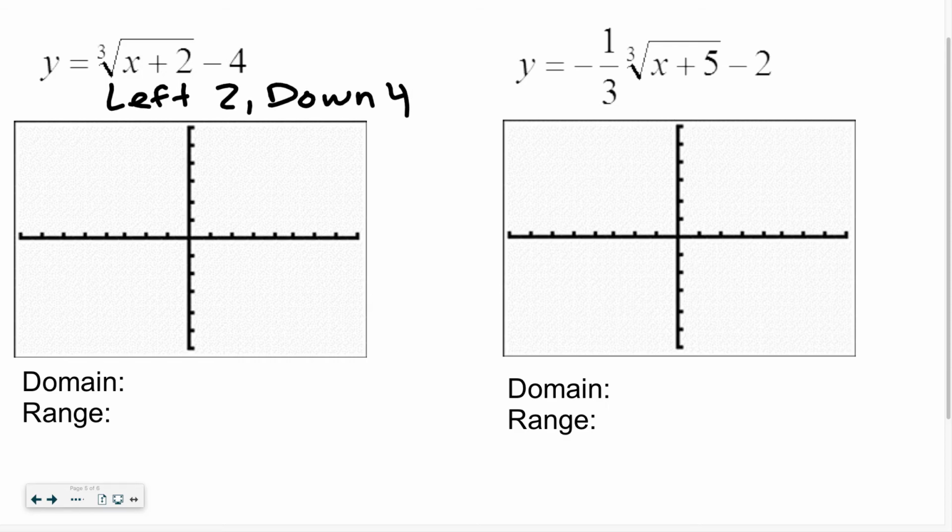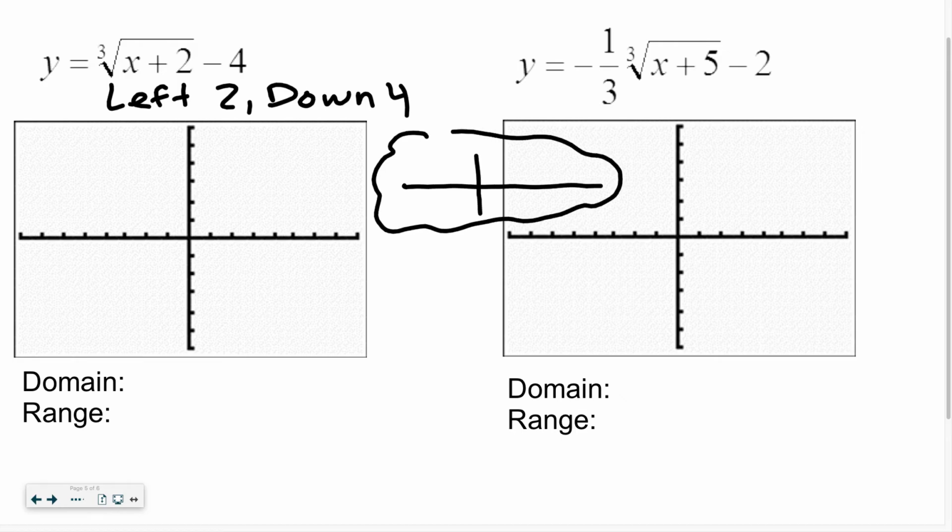Okay, excellent. We're good at naming transformations, because I listened. We're going left 2, because that's under the cube root. We're going down 4, because that's outside the cube root. So remember your cube root graph, what I'm thinking about in my head. I have 0, 0. I have 1, 1. I have 8, 2 over here.